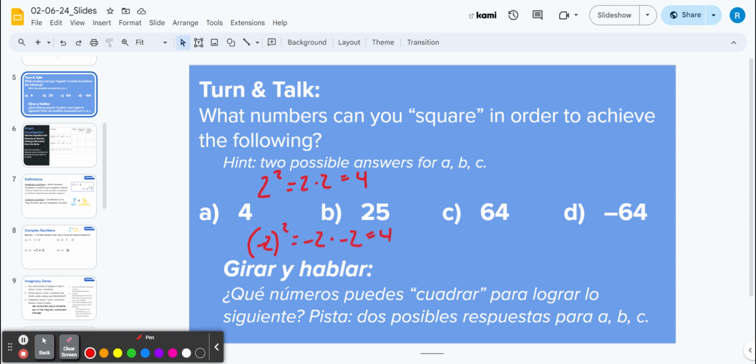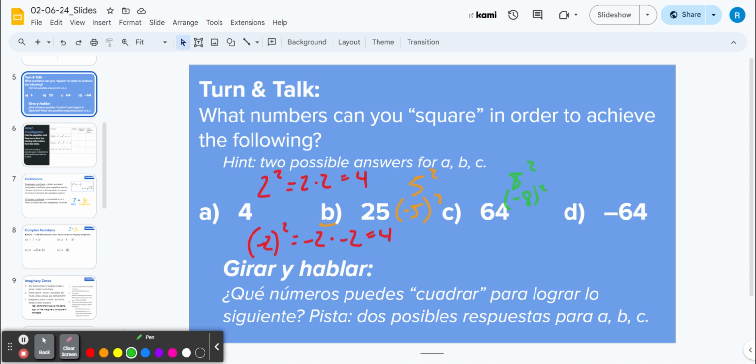That equals a positive 4. So for part B here, we could have done it with 5 squared or negative 5 squared similarly, right? There's a positive and there's a negative. And for part C here, we could have done positive 8 squared or negative 8 squared.